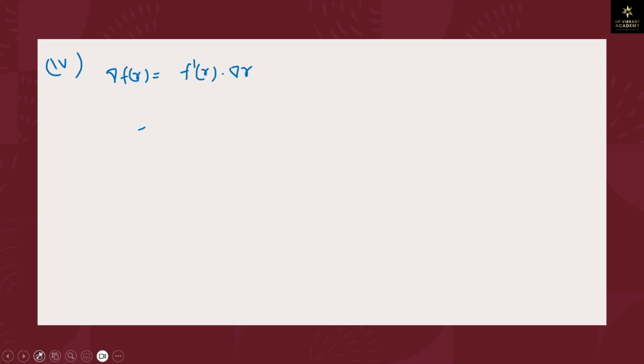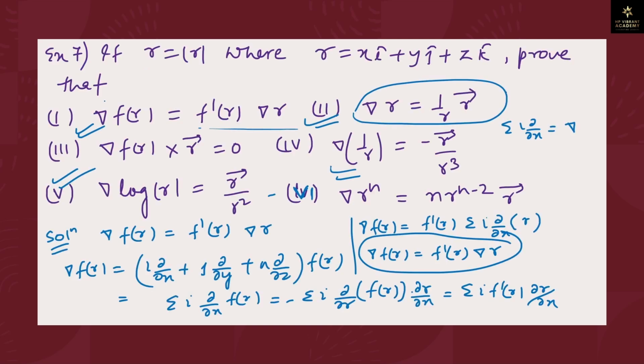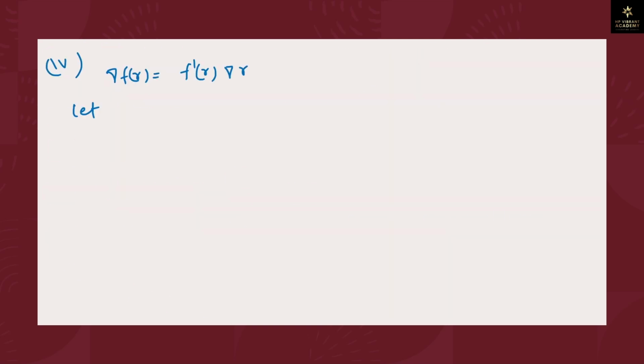This is not a dot product actually, this is multiplication. Okay, so in question number 4 we have del of 1 upon r. We have to show that this is minus r vector upon r cube.